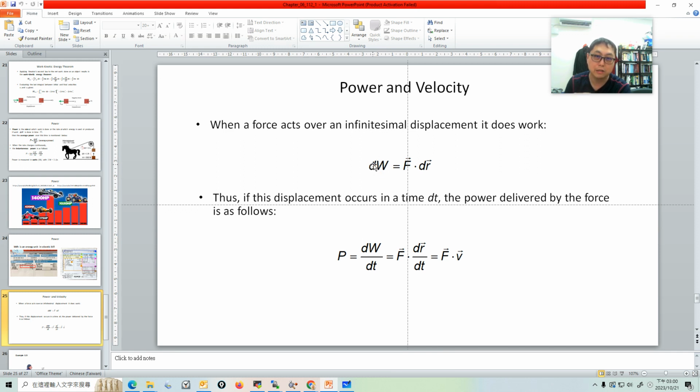This d is not a distance; it's a derivative d. So dW means the tiny work done by the force over an infinitesimal displacement. It's force times the displacement, and it should be the instantaneous force, to be more accurate.